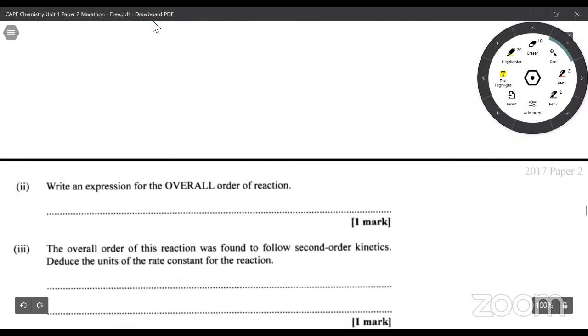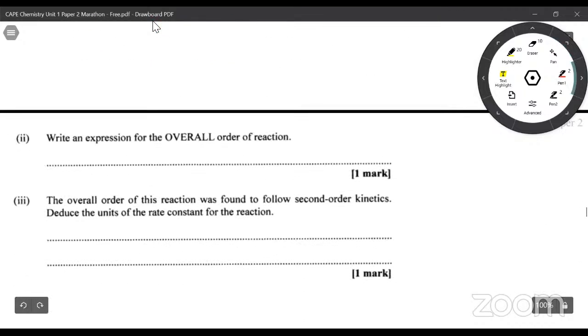So basically the overall order is equal to A plus B, depending on what you had used for your powers. Now, the overall order of the reaction was found to follow second order kinetics. So they want you to deduce the units of the rate constant, and the rate constant is K.